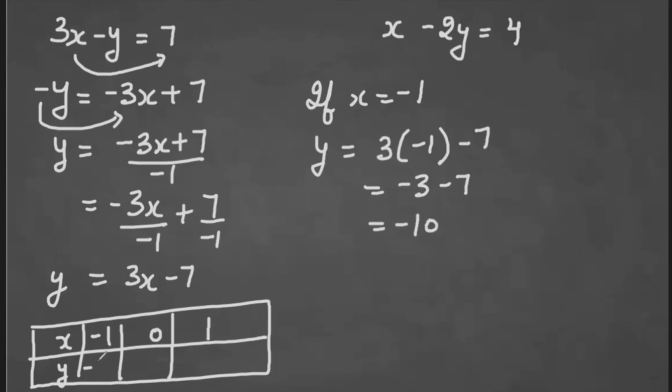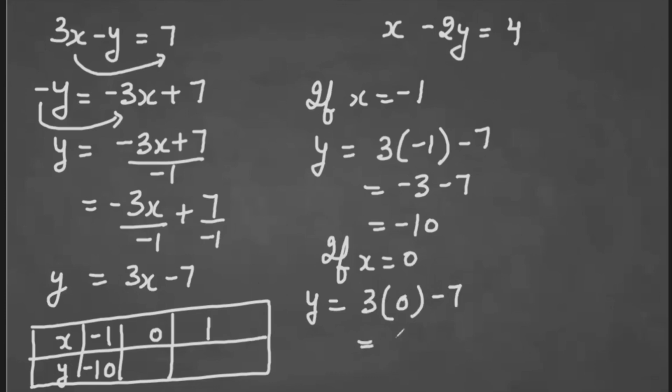We'll write negative 10. Then if x is equal to 0, y is equal to 3 times 0 minus 7, which is equal to negative 7. We'll write that here.